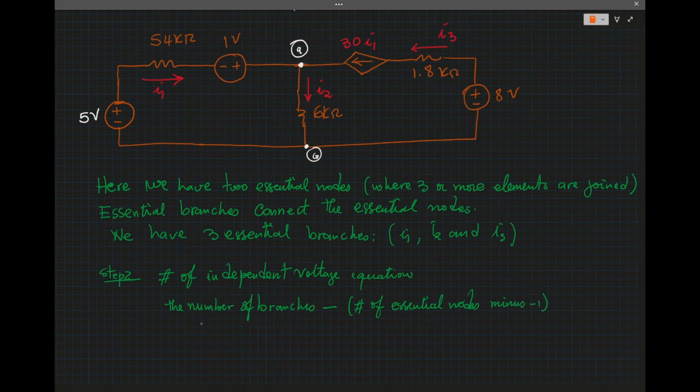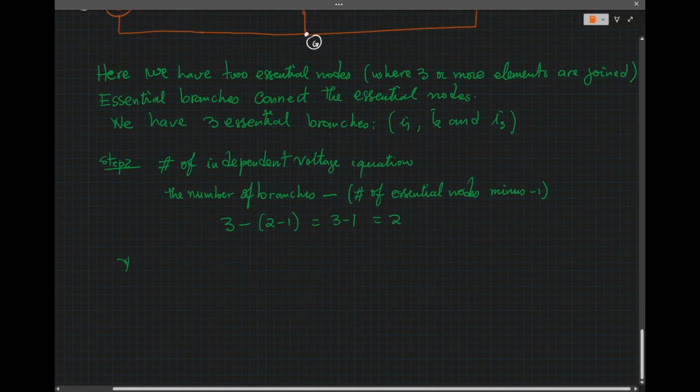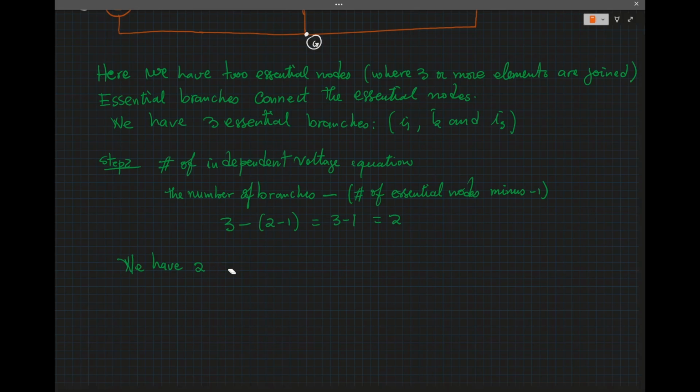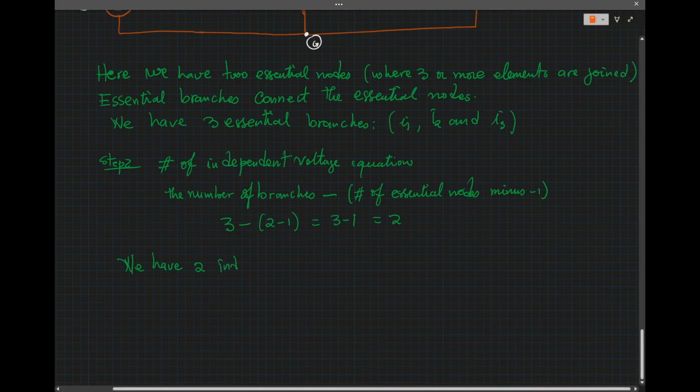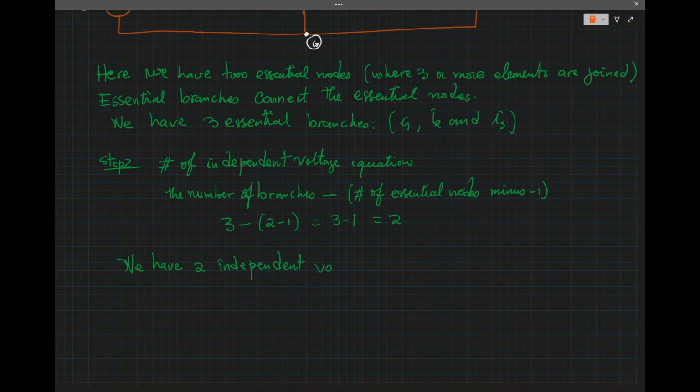So that's 3 minus 2 minus 1. That's 3 minus 1, which is 2. So we have 2 independent voltage equations.